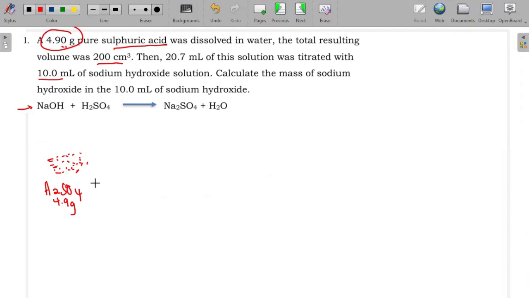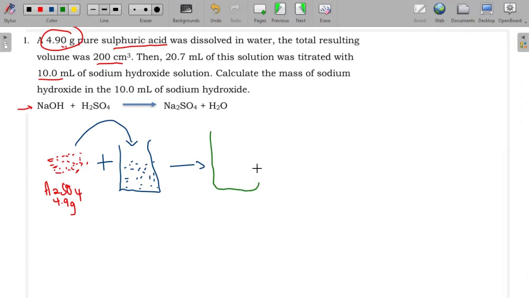Then they mixed this with water. So I have some water there, in blue. They dissolved this powder into this water, and they formed a solution that had a volume of 200 cubic centimeters. So this is the resulting solution here. The sulfuric acid and the water combine, they form one thing.